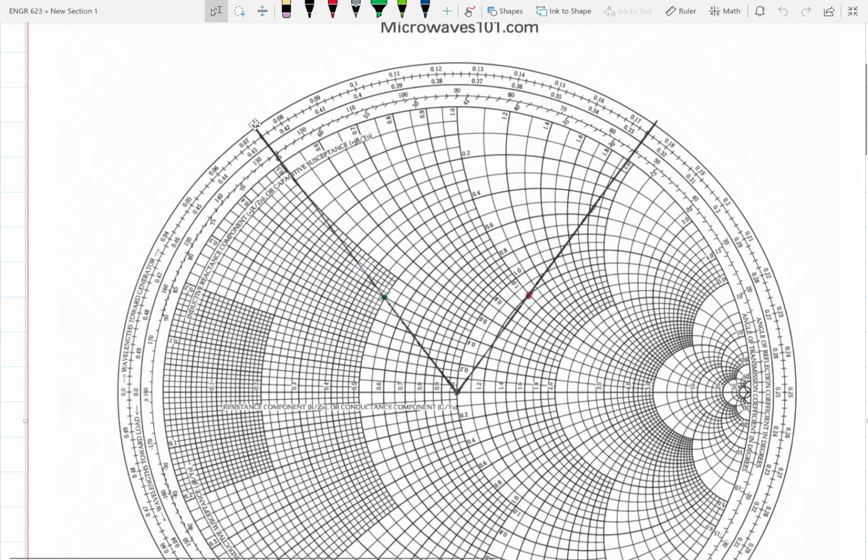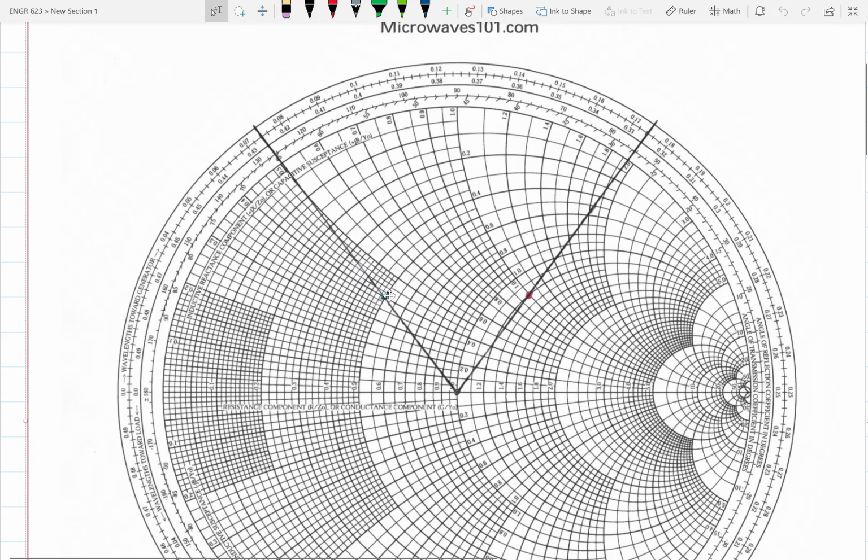And we will draw another line from that point to the center of the Smith chart. And then we can see, again, if we still have our compass set at the correct radius, we can measure from the center out along this line, and we can see where that line would hit that circle.